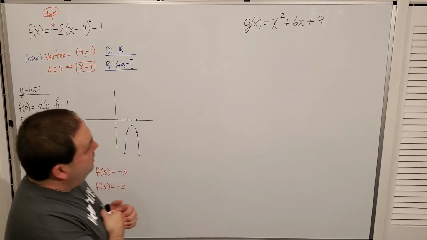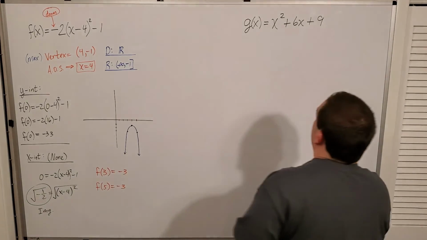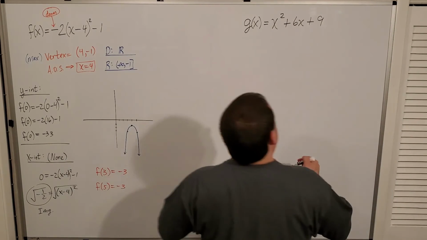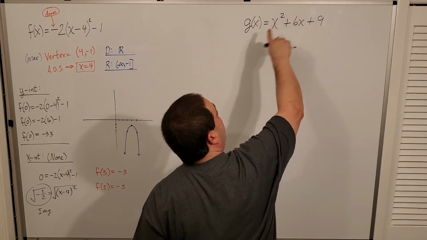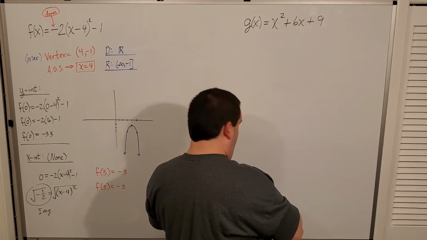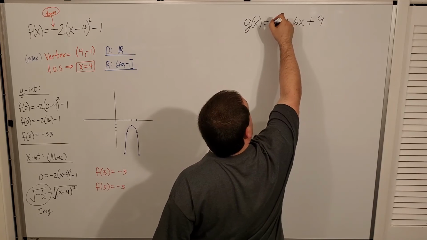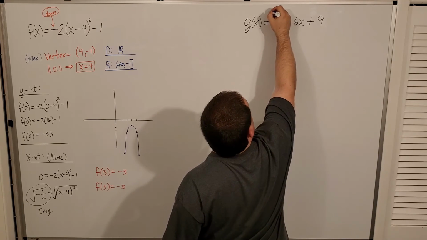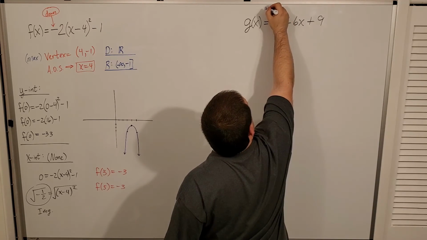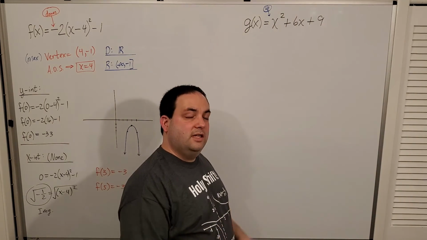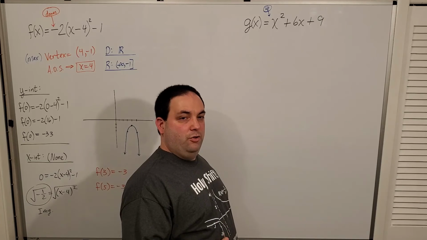Next, g of x equals x squared plus 6x plus 9. Well, I notice that I'm in standard form, or general form, and I'm noticing that there's a positive 1 here in front of this. So I know that my parabola is facing upward because that's a positive number for my a value.